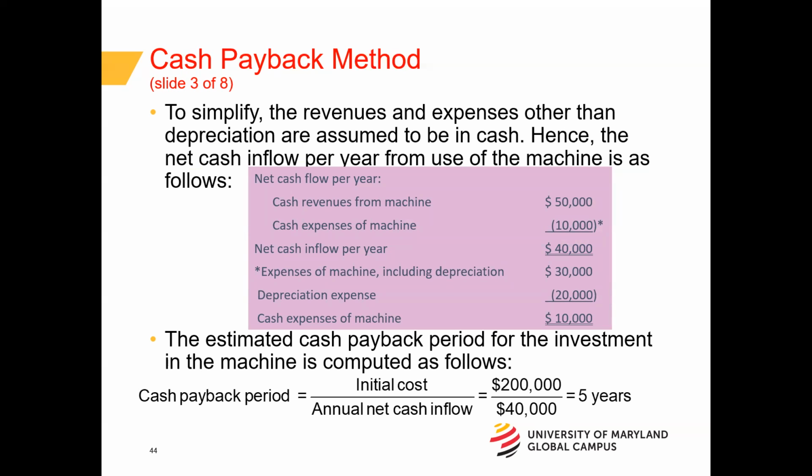So to find the cash payback period, we take the initial investment of the machine, 200,000, divided by the annual net cash inflow of 40,000. Our cash payback period for this machine is 5 years. In other words, it'll take me 5 years to recover the initial investment of the machine.